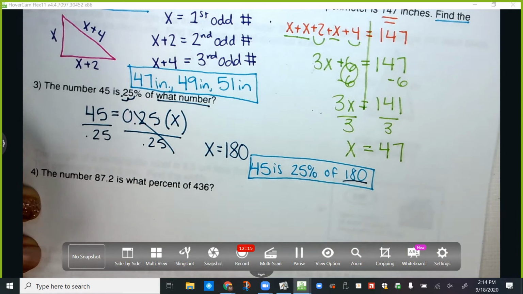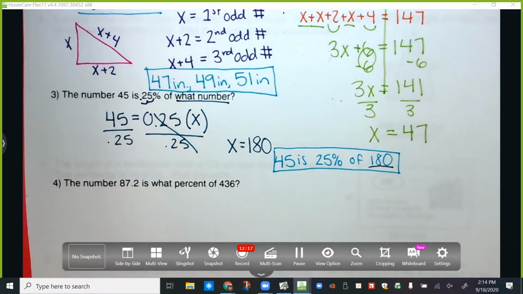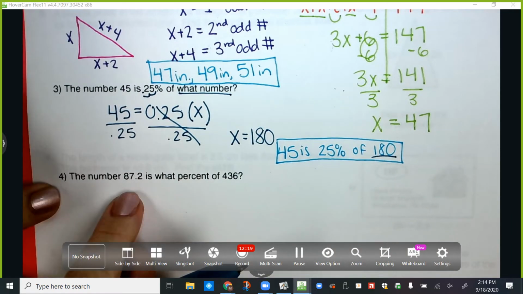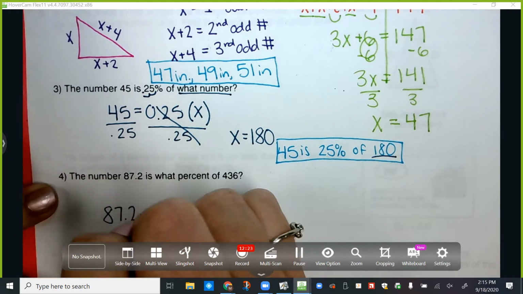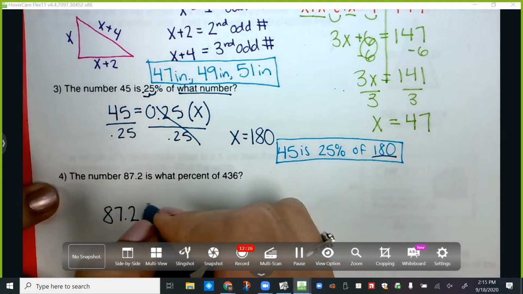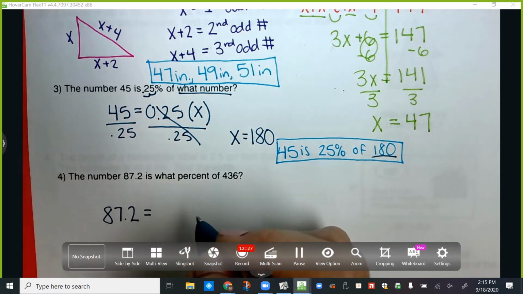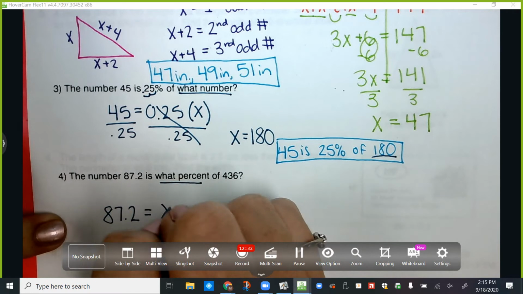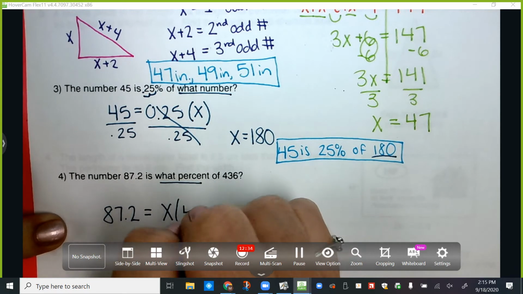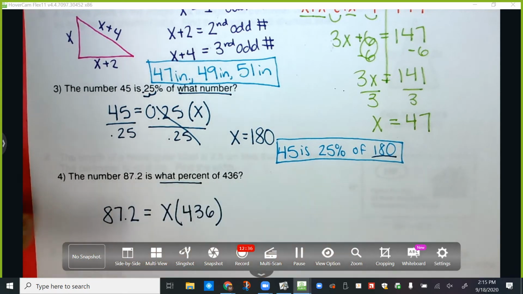So look at this next one. It says the number 87.2 is, sorry, I put the is in the wrong spot. What percent? We don't know what, so that's going to be our X, 436. Do you see what I'm saying, Jose?